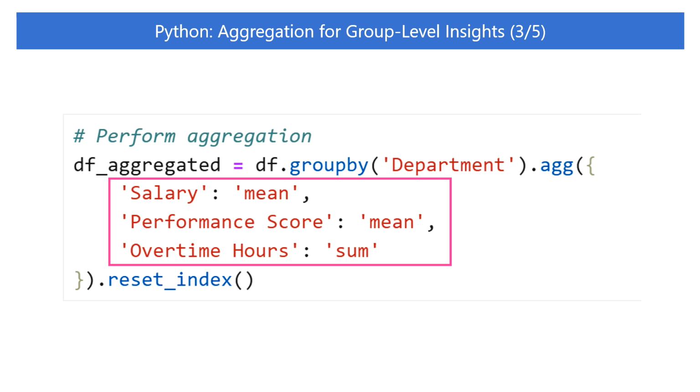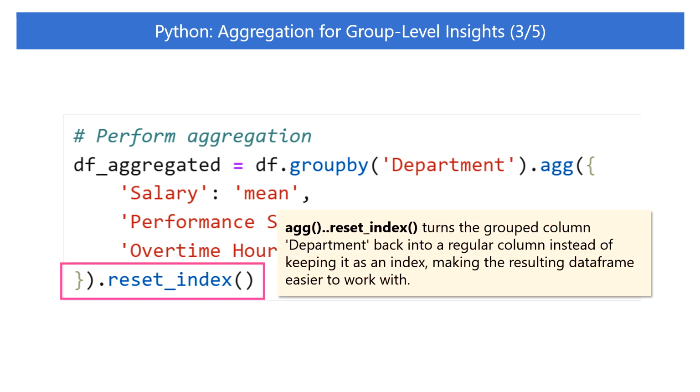The third, overtime hours sum, calculates the total overtime hours for each department. Line 5 closes the aggregation method. .reset_index() turns the grouped column department back into a regular column instead of keeping it as an index, making the resulting data frame easier to work with.